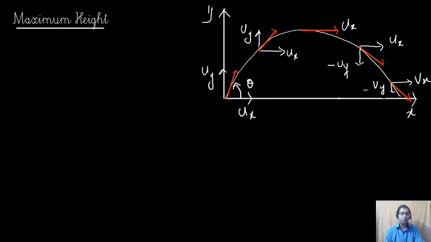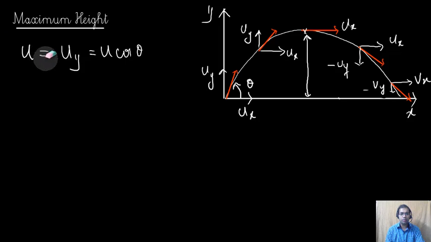Now we have to calculate maximum height. So what is maximum height? It is the highest point up to which our projectile can travel along the y-axis. The initial velocity along the y-axis was uy, which I can write as u sin theta.